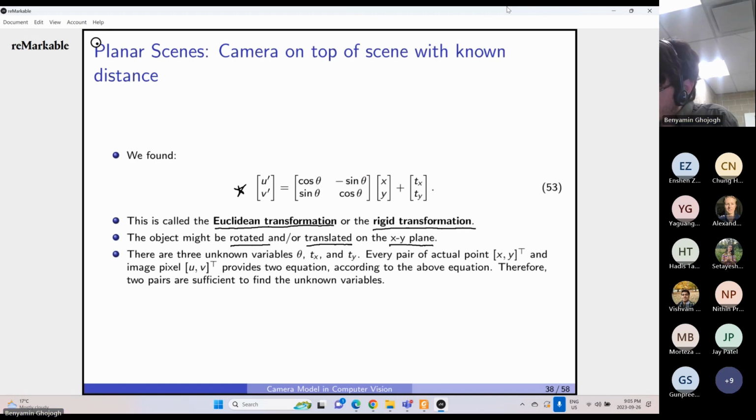And how many unknowns do we have? We have theta, the rotation angle, and tx and ty, the translation. So we have these three unknowns, and we know that every pair of an actual point in the 2D plane and its corresponding image pixel uv, how many equations do they give us?